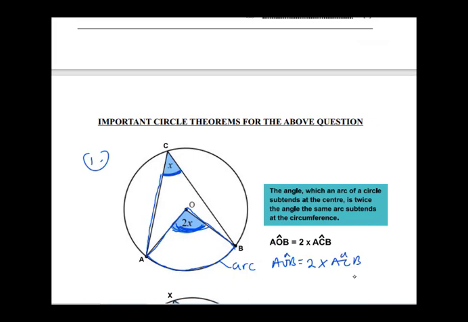So if, for instance, the angle here is 12 degrees, automatically this will be 24 degrees. And if you are given only the center, you just divide to get the angle at the circumference. So the first one is the angle which an arc of a circle subtends at the center is twice the angle that same arc subtends at the circumference. Please note that.